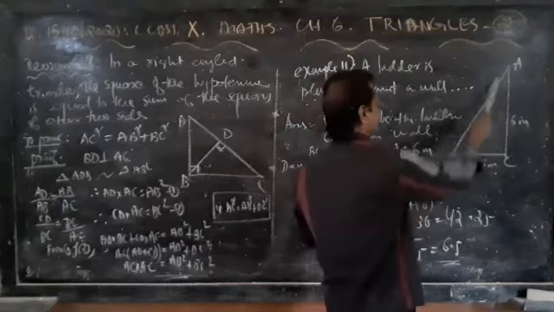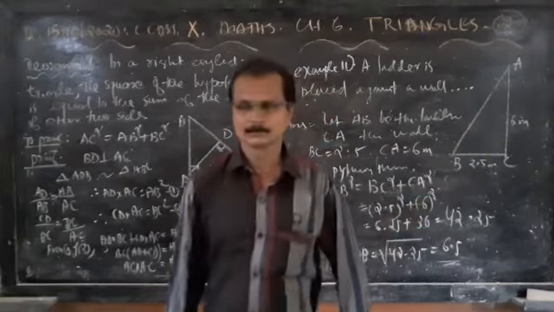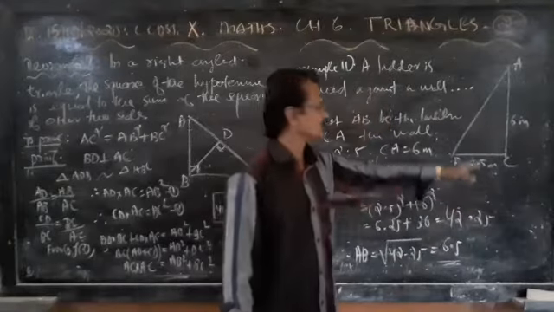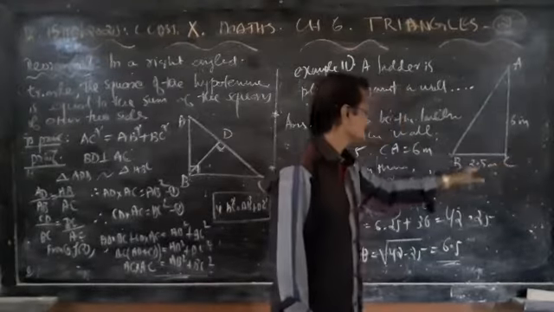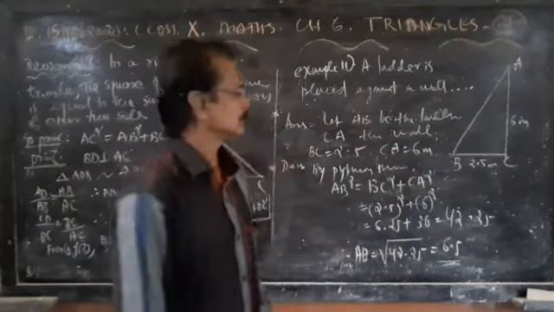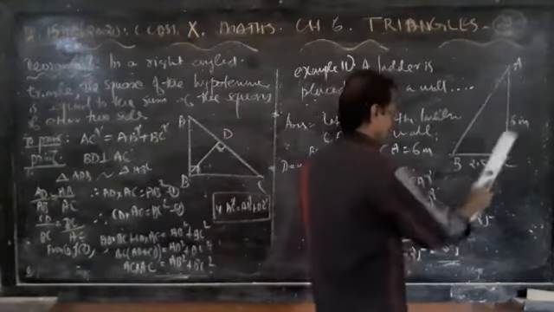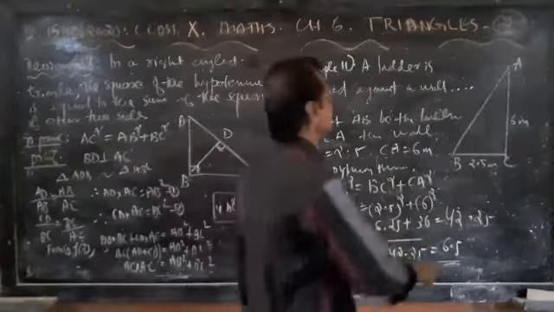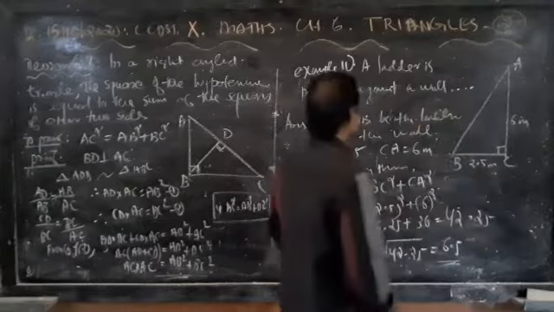So AB is the ladder and AC is the height of the wall. The height of the wall is given as 6 meters. The distance between the foot and the wall, BC, is 2.5 meter. Then we will get the shape of a right angled triangle.